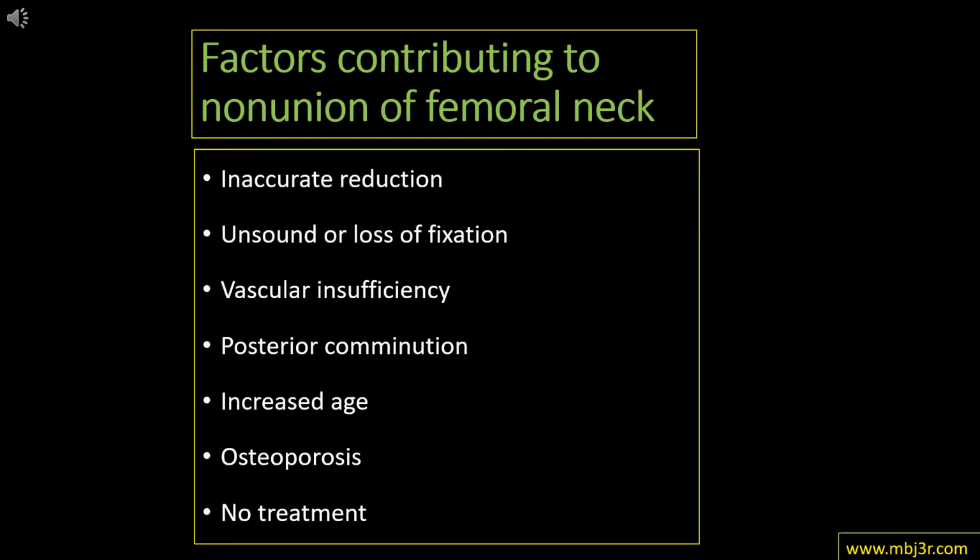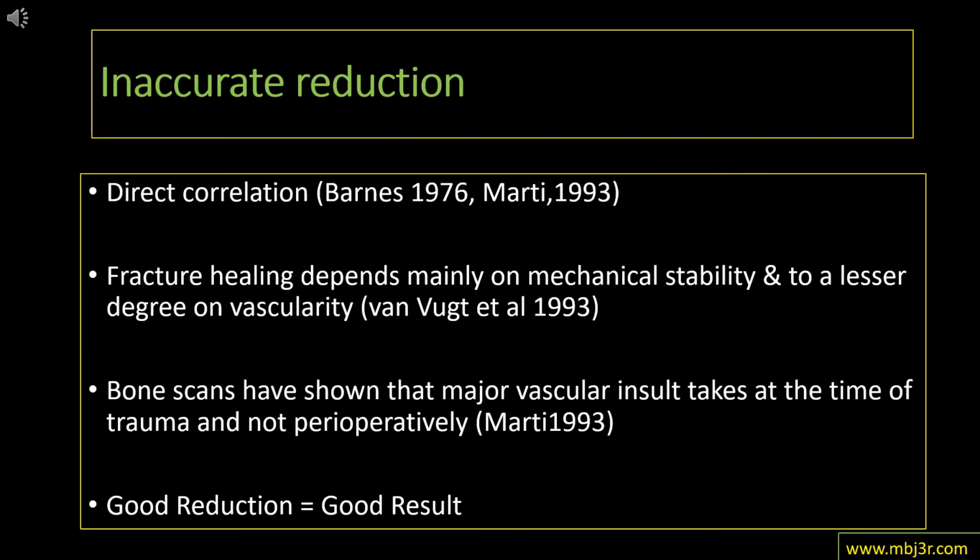Factors contributing to non-union of the femoral neck are inaccurate reduction, unsound fixation or loss of fixation, vascular insufficiency, posterior comminution, increased age, osteoporosis, and no treatment. Inaccurate reduction has a direct correlation with fracture healing.